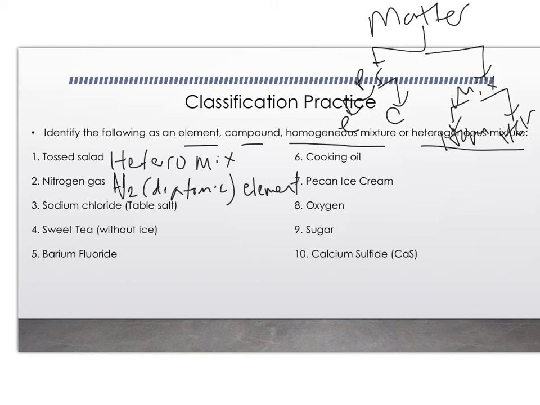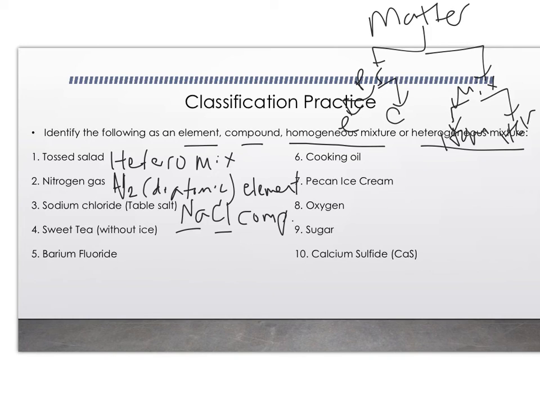It's 2 or more nitrogen atoms combined together, but that is still considered an element because it's one type of element. So sodium chloride, table salt, NaCl, there is one element, there's 2 elements, so this guy is a compound.